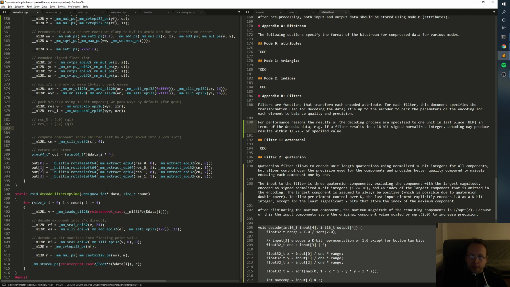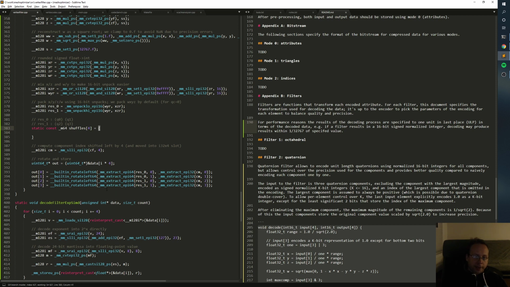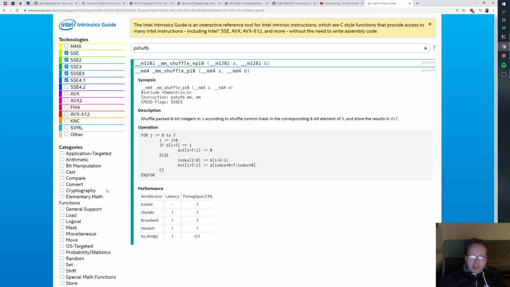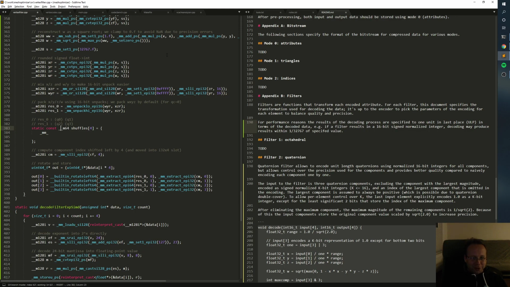So we have 4 possibilities for the input, for the maximum component, right? And so for each one we could build a shuffle mask. I've never worked with the M64 values.